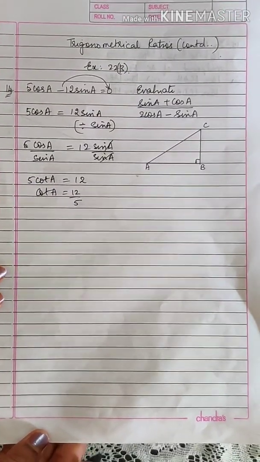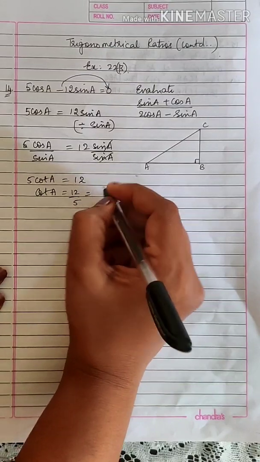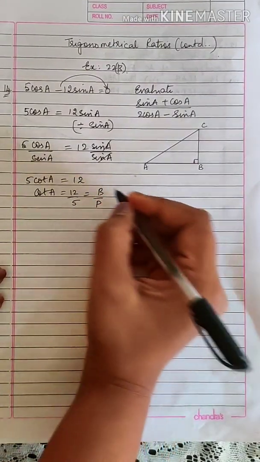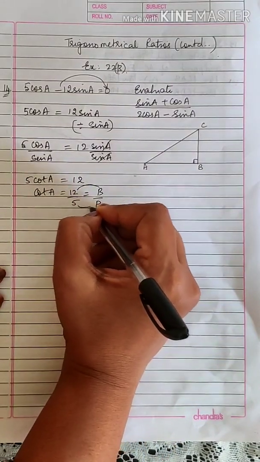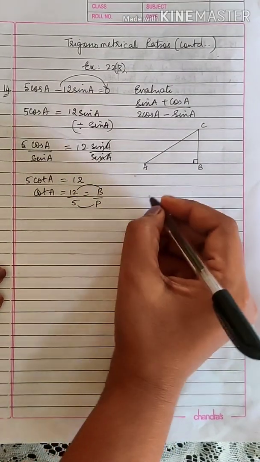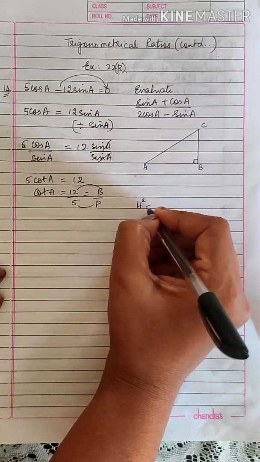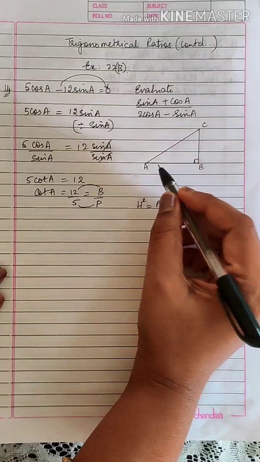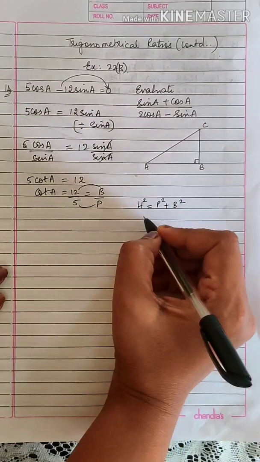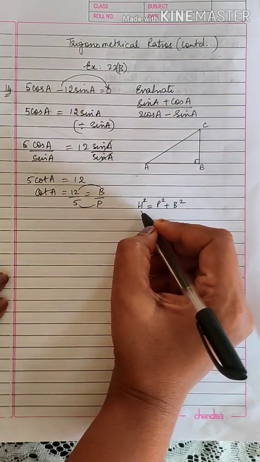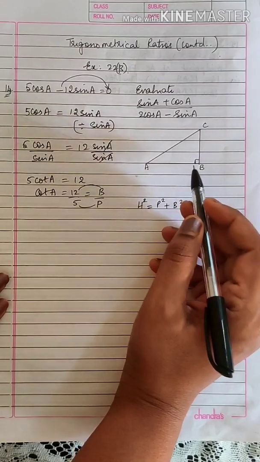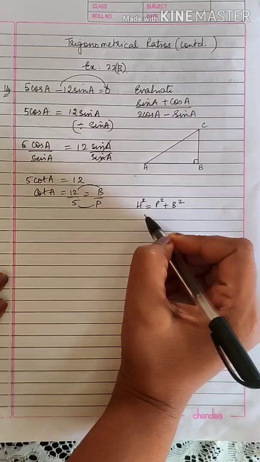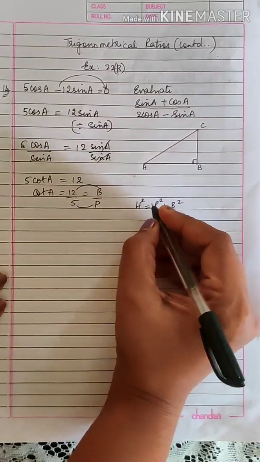Now you know the ratio for cot, which is equal to base by perpendicular. So base is 12 and perpendicular is 5. Now you know hypotenuse square is equal to perpendicular square plus base square. If you want, you can use the figure, or you can use this expression also, where according to Pythagoras theorem, hypotenuse square is equal to sum of the squares of the remaining two sides.